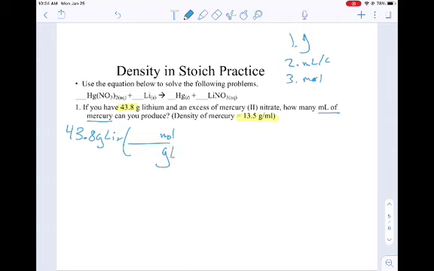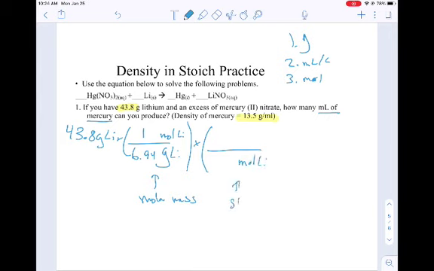Gram on bottom, mole on top, because I want to go to mole because that is how stoichiometry works. Whenever there's gram to mole, that is called molar mass, which is a number I will pull from my periodic table, which is 6.94 grams per 1 mole.